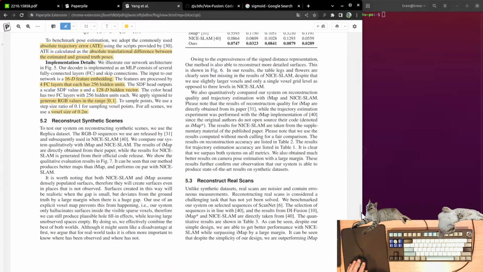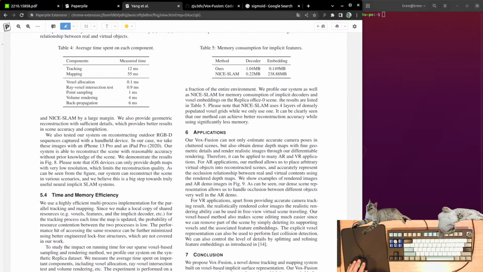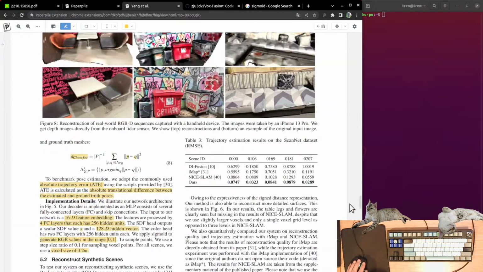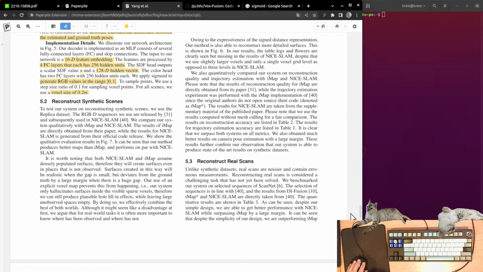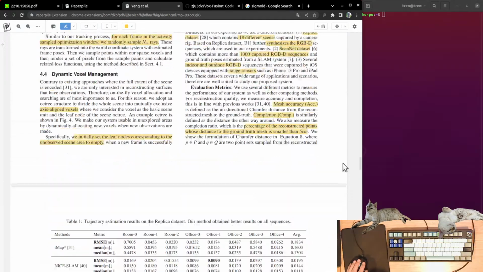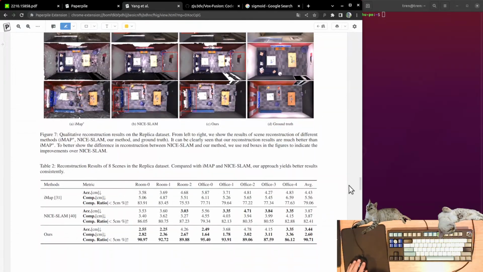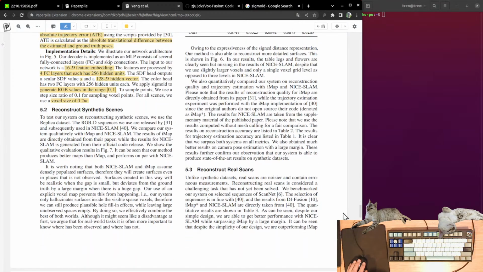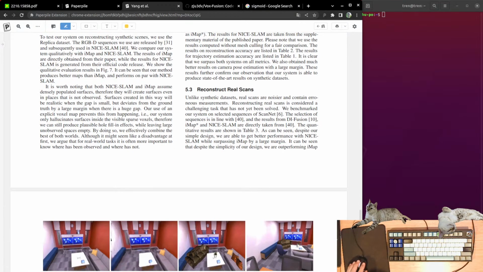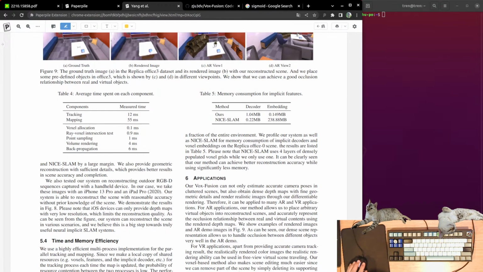Cool. Maybe one thing about this paper that's kind of annoying is the figures are not placed well. They're not in the right sections. Let's read this reconstruction section, and then we'll look at the figures.